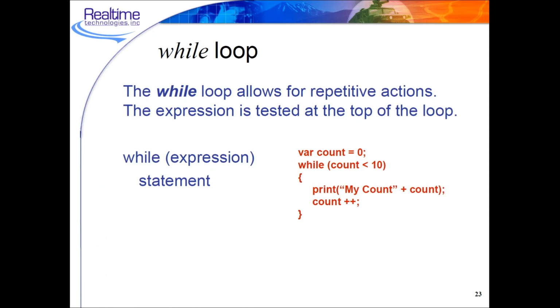When count goes through, this will iterate 9 times until it reaches 10, and then it would fail because it was not less than 10 after that. So it goes through and will loop over and over again and keep printing my count and the value. So it would go from 0 to 9.